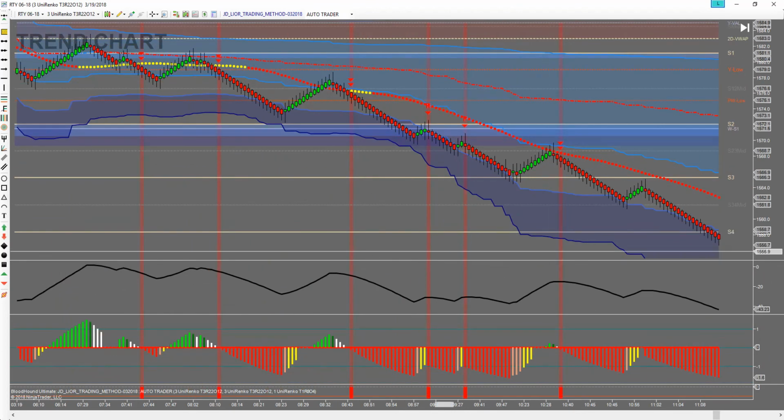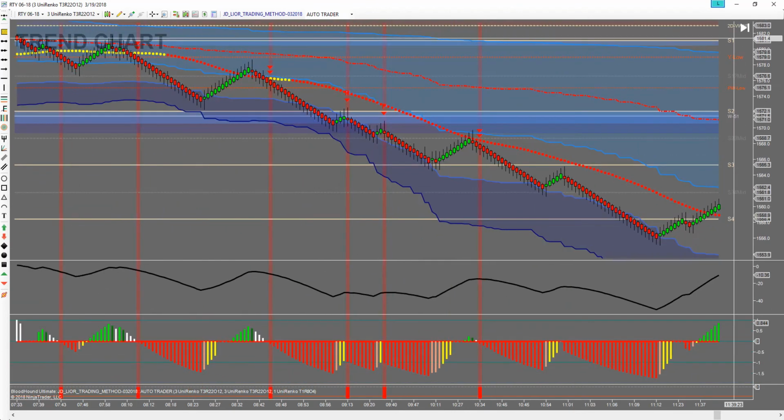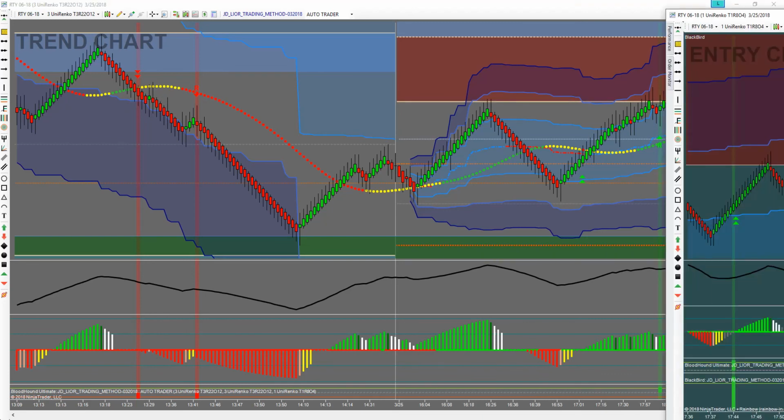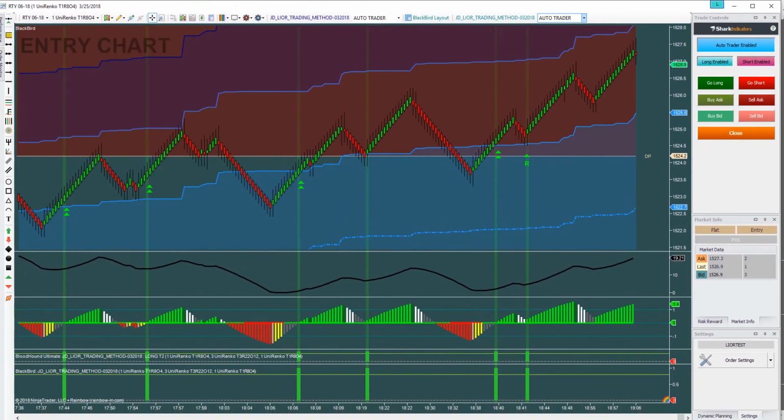So this is what you see right now. The market is trading live, and you can see that we have this right now. I can show you that I have a running trade here with the entry chart, which is another thing I'm going to explain in part 2, and I'm having the Blackbird running there.